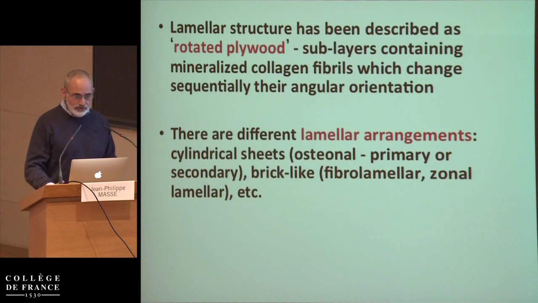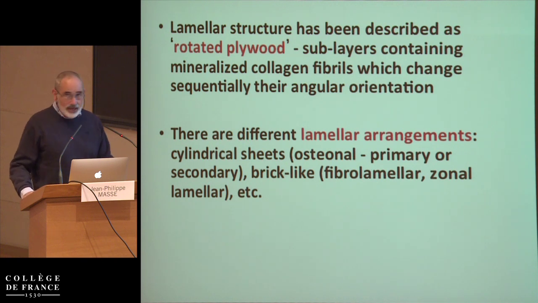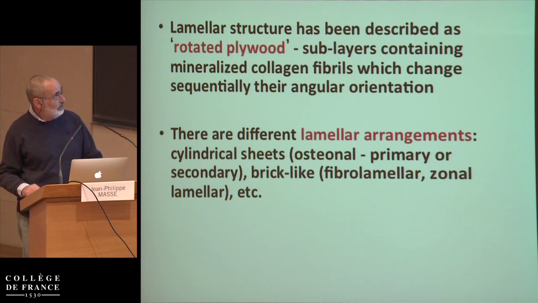And the lamellar structure has been described as rotated plywood, which implies that each lamella is made of several sublayers, and each sublayer contains mineralized collagen fibrils, which change sequentially their angular orientation.